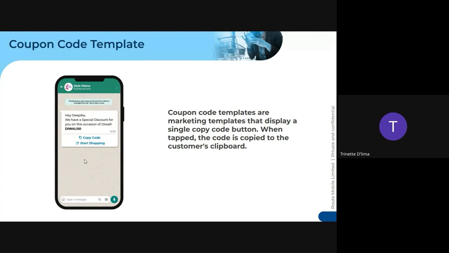You had to copy the entire message, cut out what is not required, and then copy the word that needs to be copied. Now it is available as a button, and these buttons are available only in the marketing template. So these are the three templates which are ready with us on API.